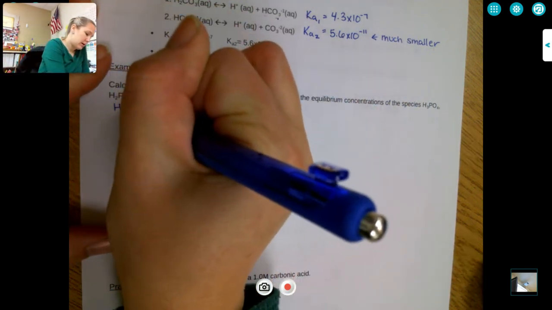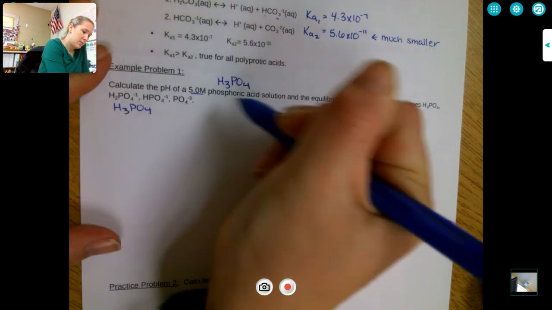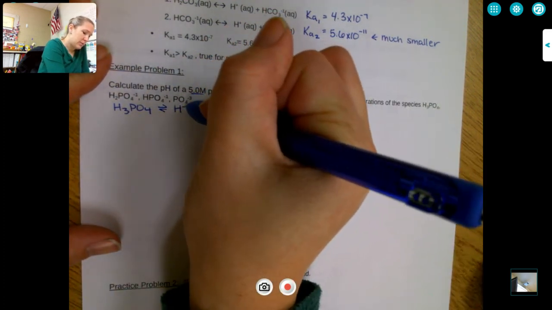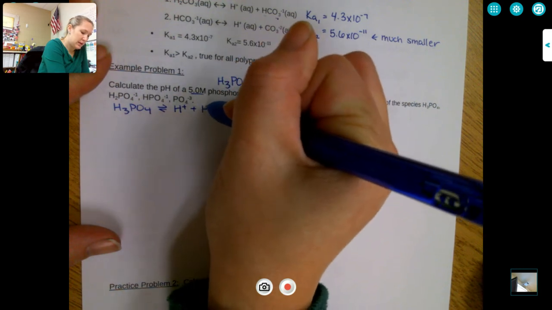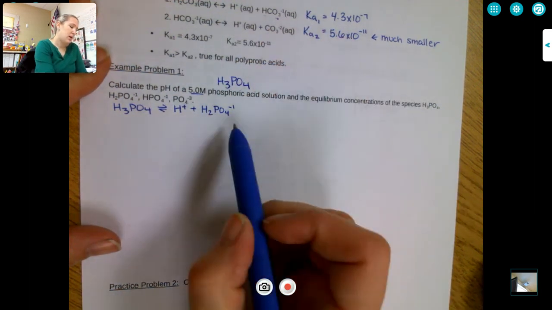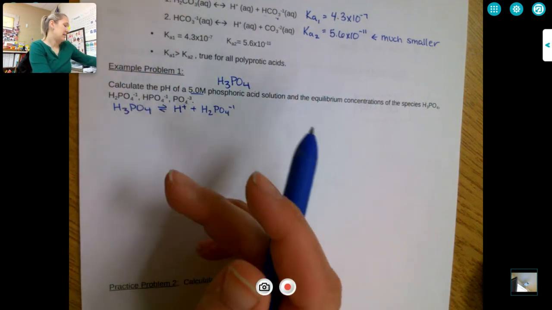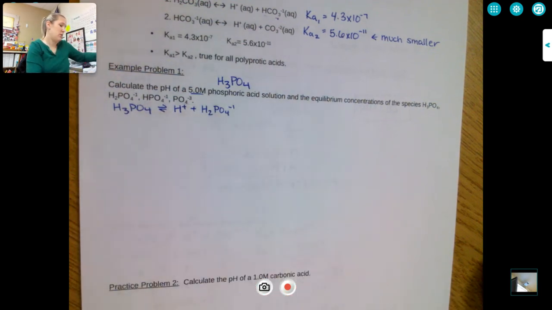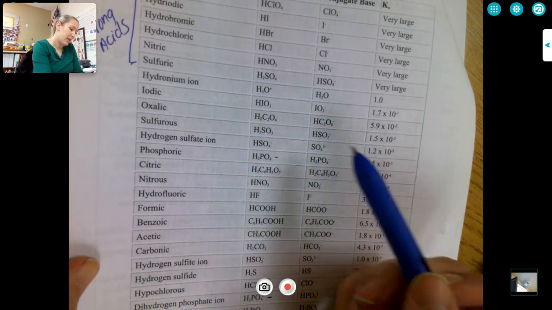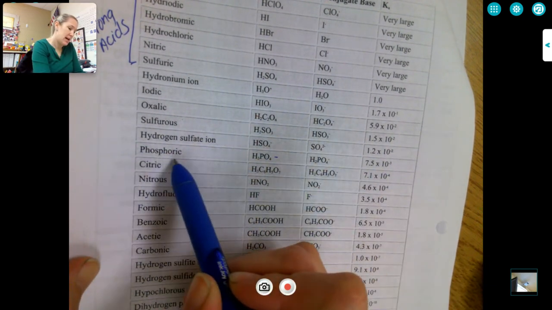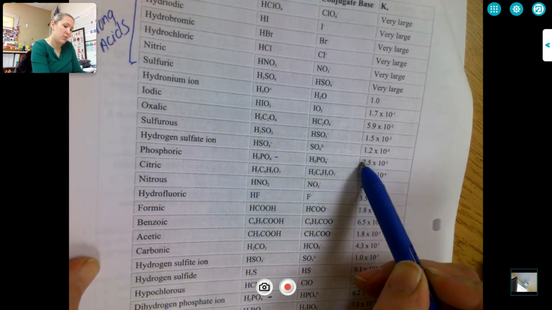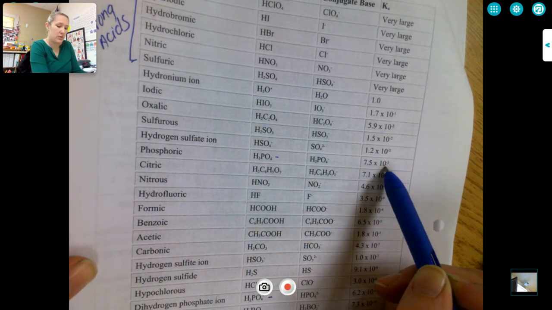Starting with our H3PO4, our standard phosphoric acid, it's going to break apart into a hydrogen ion and H2PO4 minus 1. We need to know its Ka value, so we go to our chart and we see phosphoric acid, H3PO4, has a Ka of 7.5 times 10 to the negative 3.